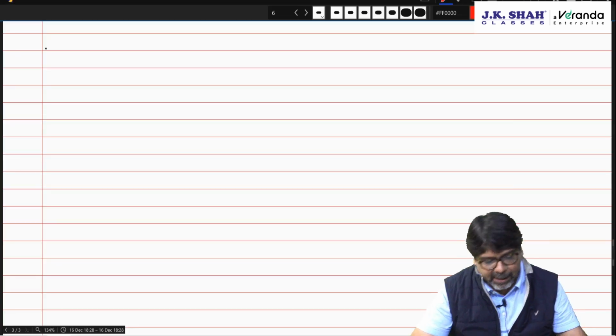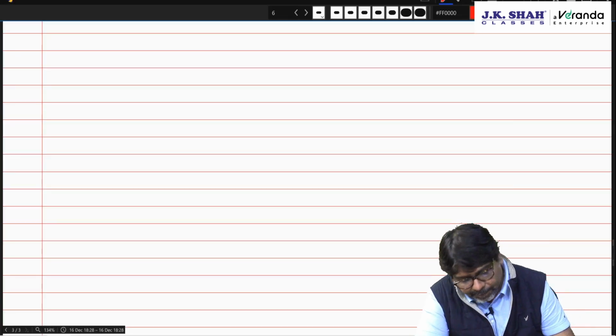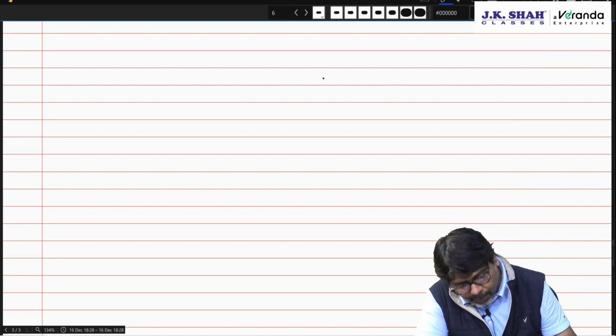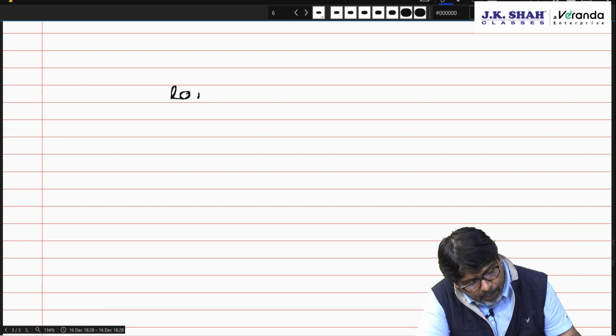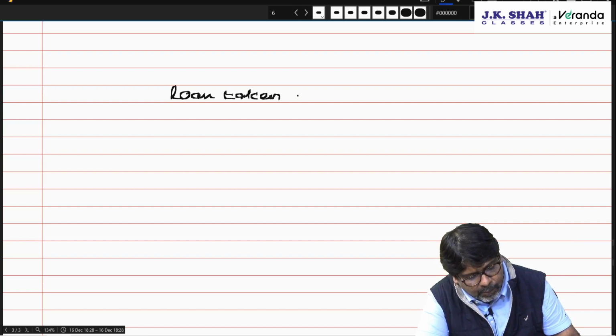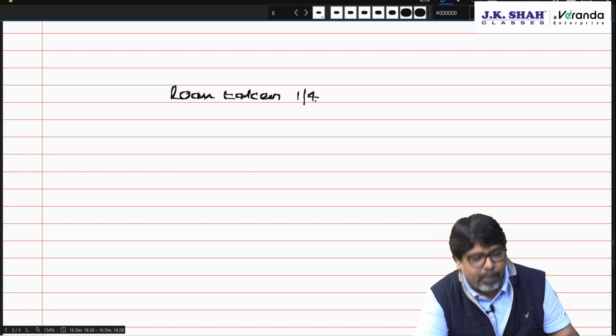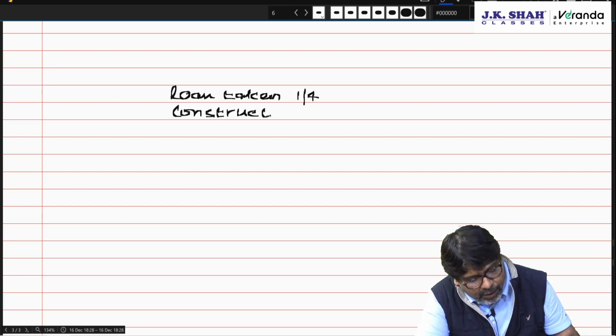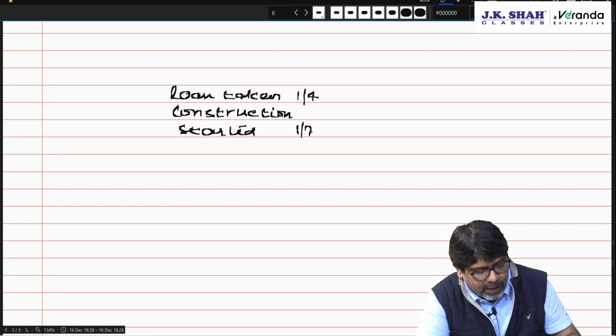Suppose I have a loan taken on 1/4, but construction started on 1/7.